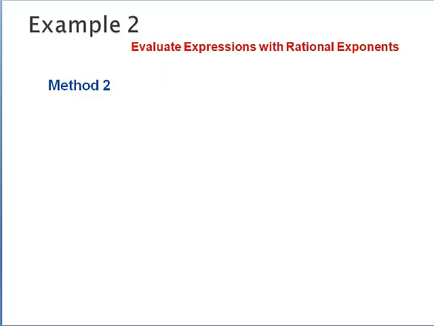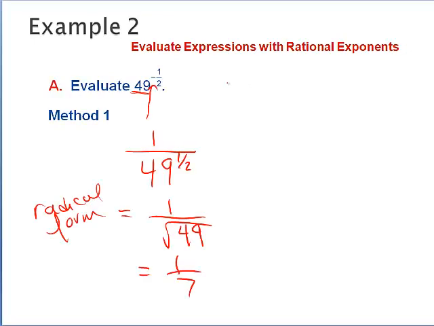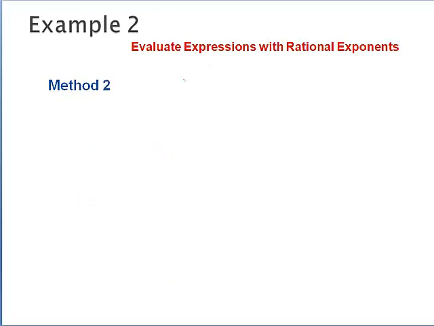The other way we can answer this question, 49 to the negative 1/2, is by simplifying the base. And we can simplify that to be the same as 7 squared. So 49 is equivalent to 7 squared.